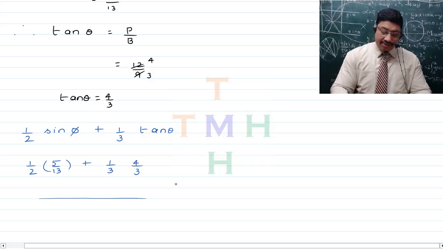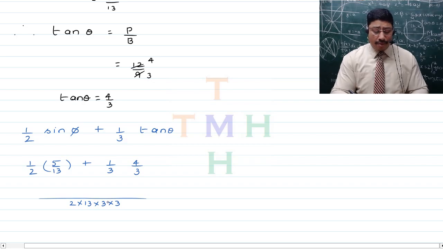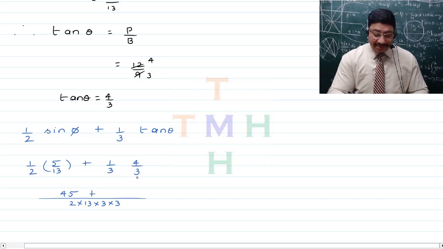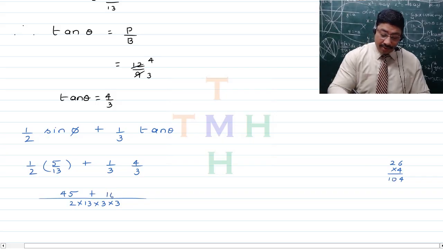So as such, here what we do is we will now have 2 into 13 into 3 into 3, which will become the LCM, as there are no common factors. Now here 9 5s will be 45, it will be the numerator of the first fraction, plus you will have here 13 to the 26 into 4, right? 26 into 4, 4 6 is 24, 2 remainder, 4 to the 8 and 2 is 10, 104, right?